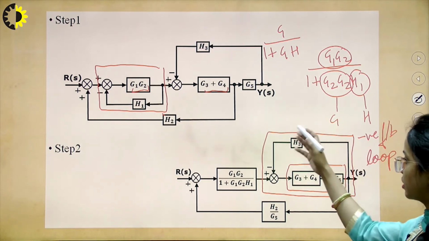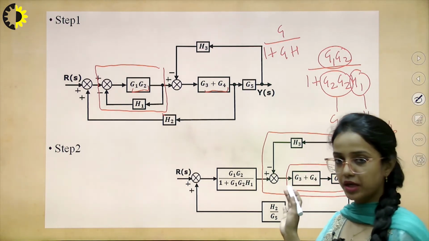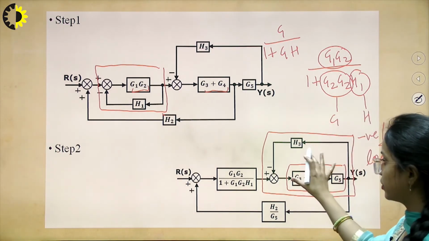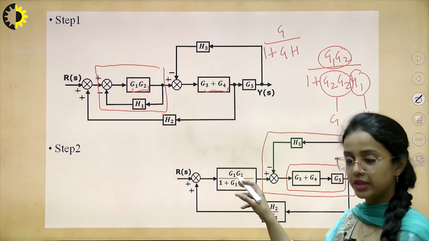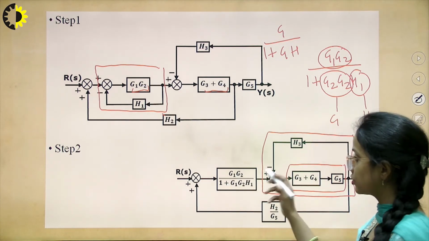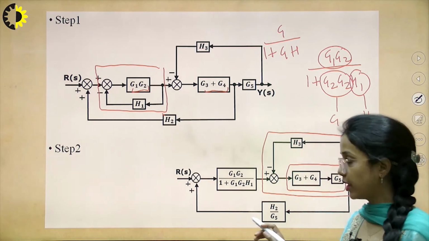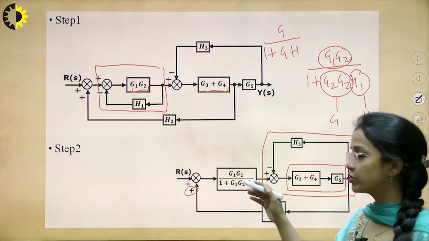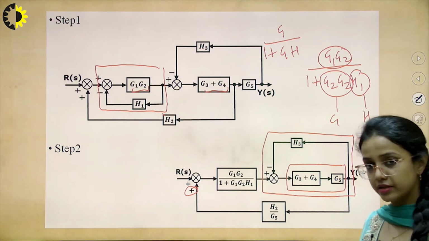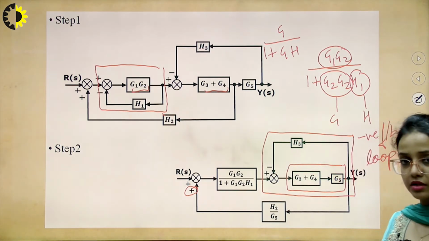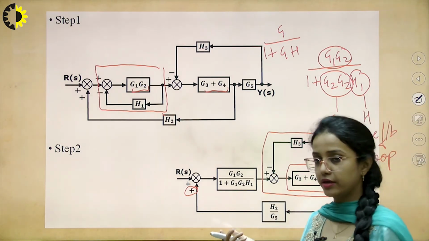After reducing this using a negative feedback loop, we see that this component and this component will be in series. Combining the two in series, we see that this component will be in positive feedback with the overall transfer function of the forward gain, thereby reducing the complete complex block diagram.